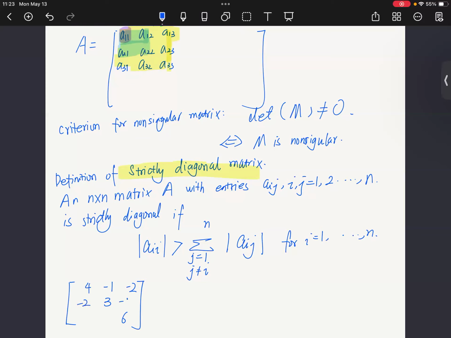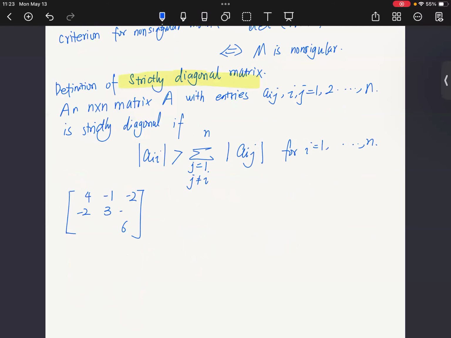Let me see, I cannot have negative things here. Maybe 0.5, and then 2, and then 3. And this matrix is strictly diagonal... maybe there's something missing here. It should be strictly diagonal dominant.